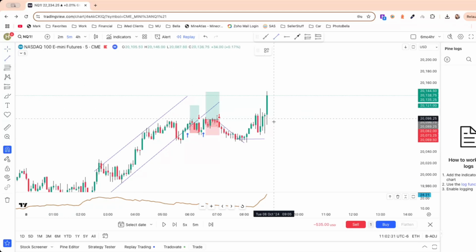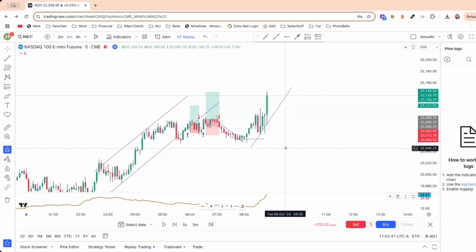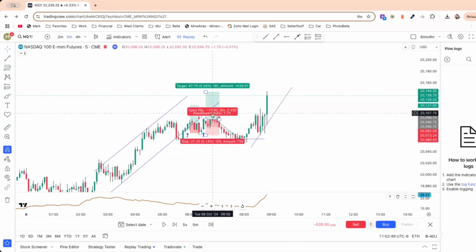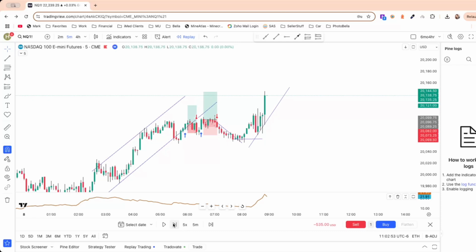Still not a place where I'm normally comfortable trading, but I'm trying to work on expanding my time. Okay, so it does look like we are in an upward trend now. So maybe this was just a small pullback and maybe we're going to resume this upward trend.